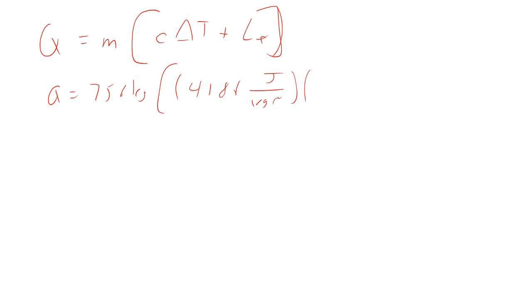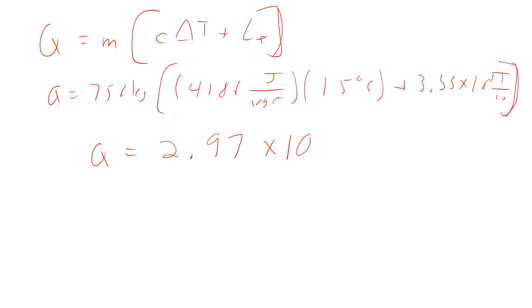Freezing point of water is 0 degrees. So the change in temperature was 15 degrees Celsius, and the latent heat of fusion, 3.33 times 10^5 joules per kilogram. And so the heat released turns out to be a pretty large 2.97 times 10^8 joules.